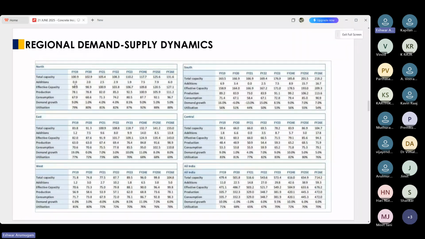If the supply is higher, the bargaining power rests with the buyer. And if the supply is at the lower end and the demand is higher, the bargaining power rests with the supplier. So yeah, the South industry is a little bit notorious for that, as we'll see later. So let's move on to the next slide.